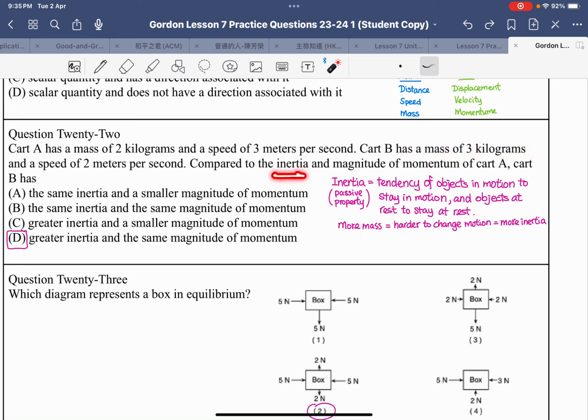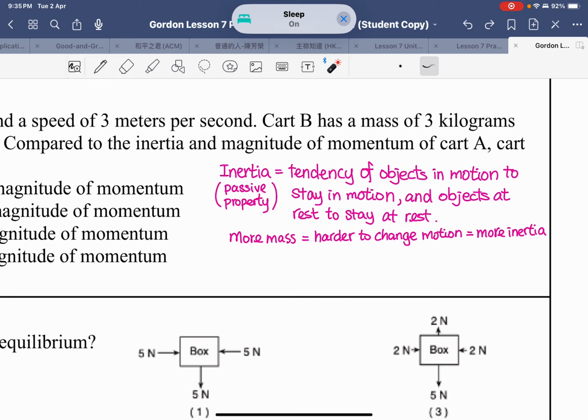So inertia is something that we haven't quite taught in class, but you might have heard it in the video that we played for you. Inertia is the tendency of an object that is in motion to stay in motion, or the tendency of an object that is at rest to remain at rest.